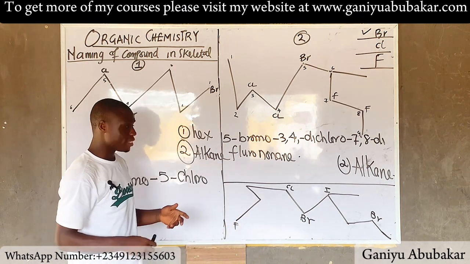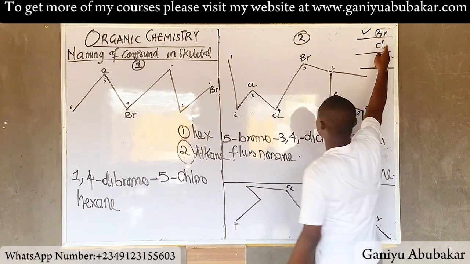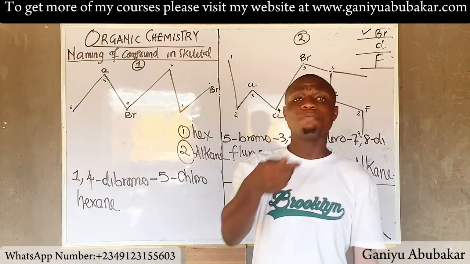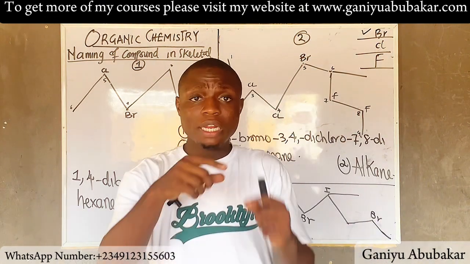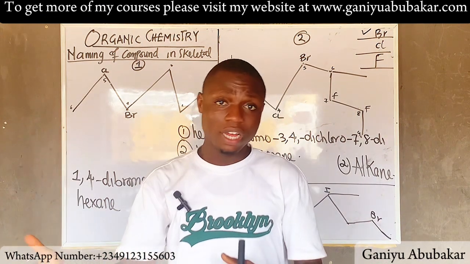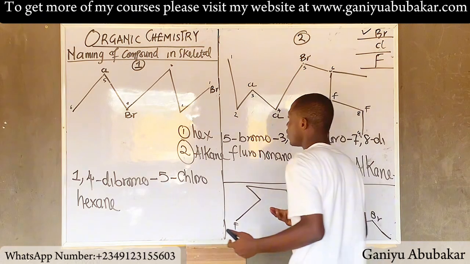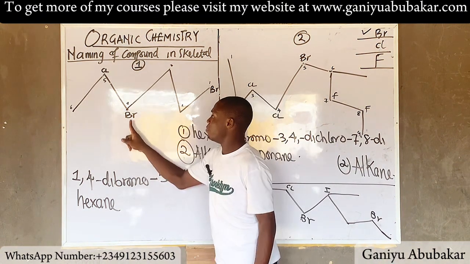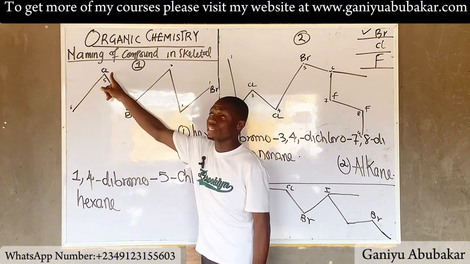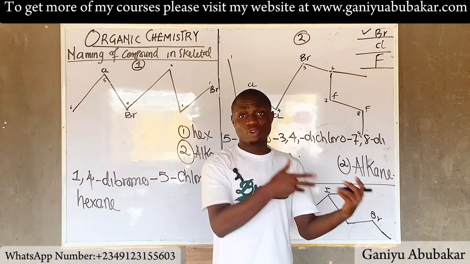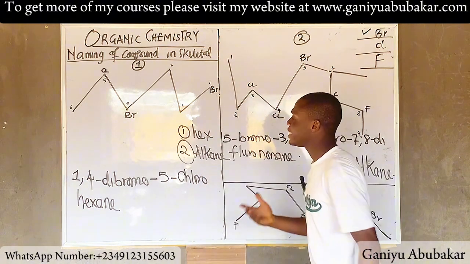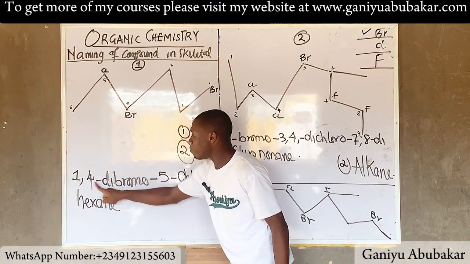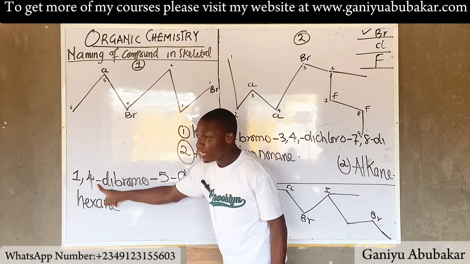Ensure that we said bromine, fluorine, and chlorine are substituents, and if you want to name them, start with B before C. Name them in alphabetical order. Imagine I didn't name bromine first before chlorine, that would break the alphabetical order. And observe how I separated number from number using a comma, and number from letter using a hyphen.